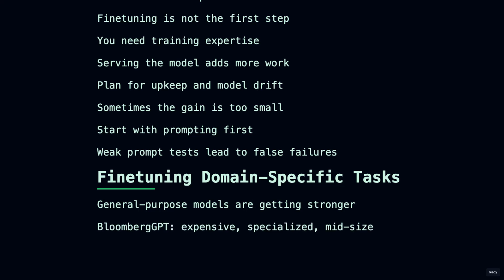Bloomberg GPT is a useful early example of a domain model built for finance, especially for in-house use with sensitive data. It was expensive to train, which shows that specialization can require a major investment.